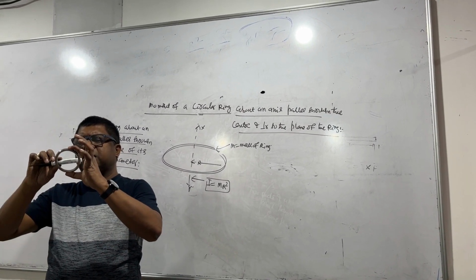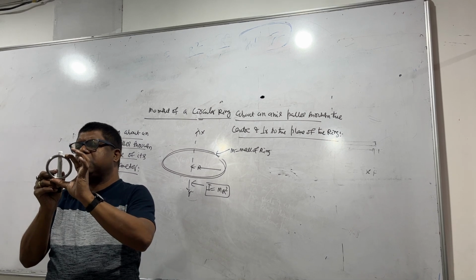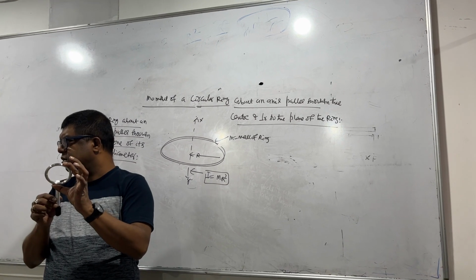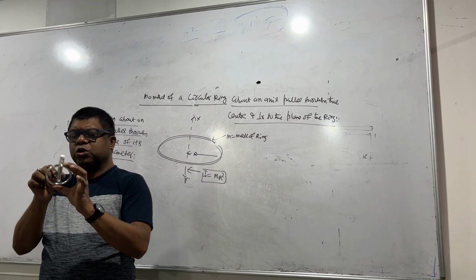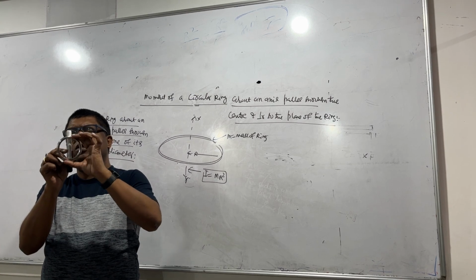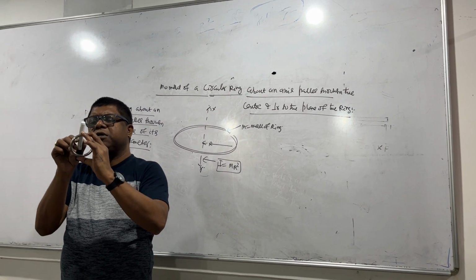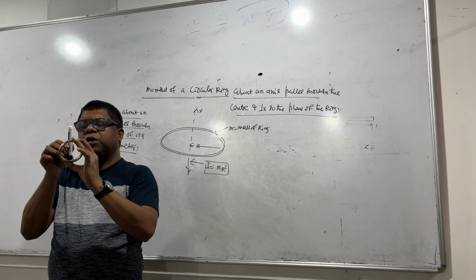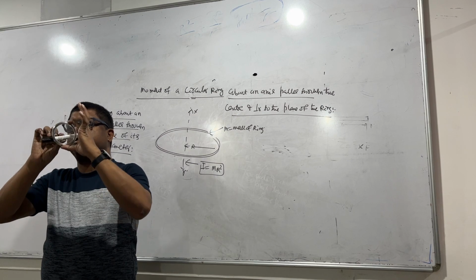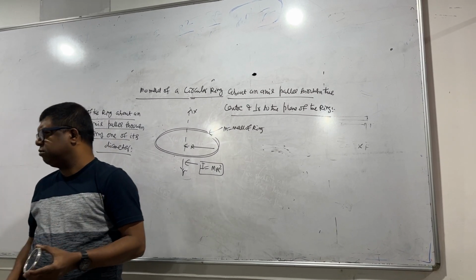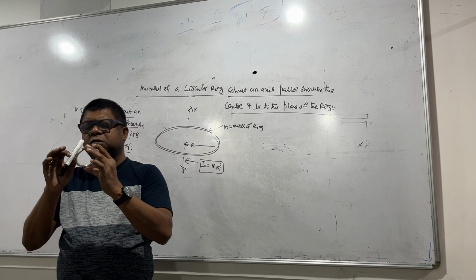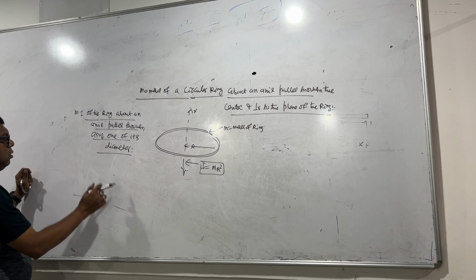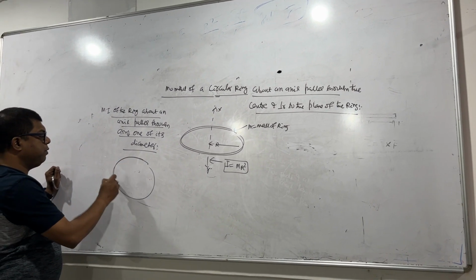This is one diameter, this is another diameter. A diameter divides the ring into two symmetrical equal parts. This is the axis of symmetry. So the moment of inertia calculated about this diameter is the same as about that diameter, because a diameter divides the ring into two equal parts. Any one of the diameters has the same moment of inertia. So this is the moment of inertia of the ring about any of its diameters.